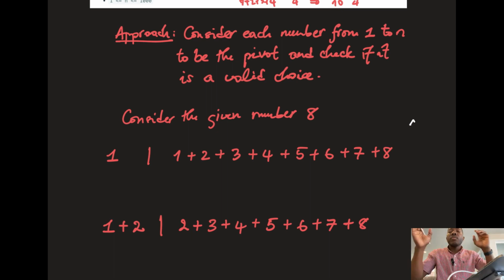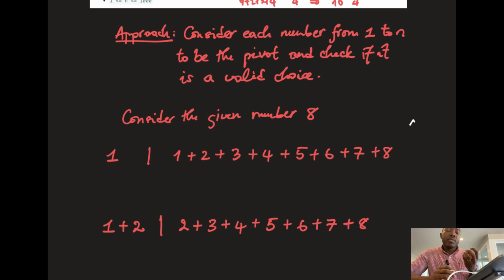If we find one number between 1 and n that is the pivot, then we return that pivot. Otherwise, we return -1. I think this problem is most likely related to number theory, and it is just an intuition that we can observe.